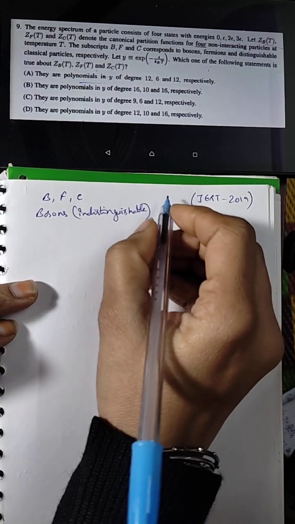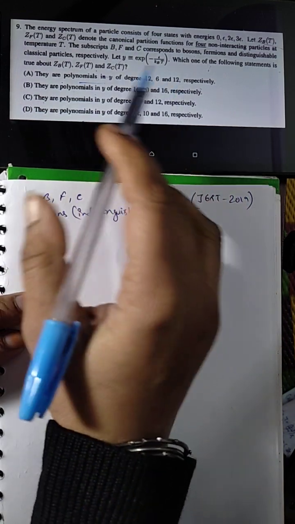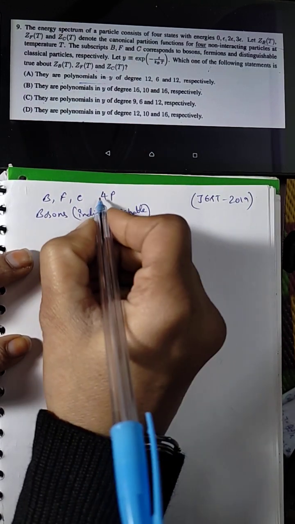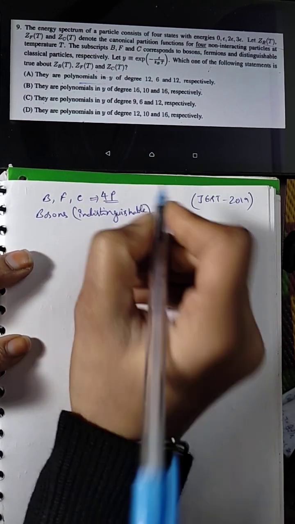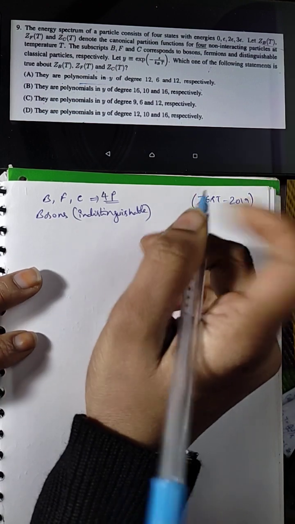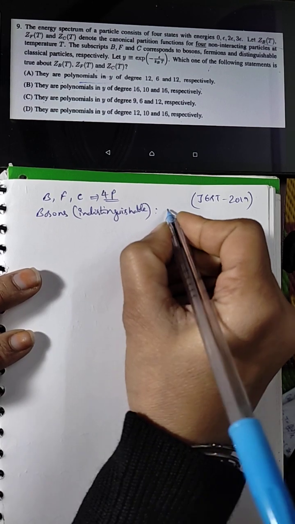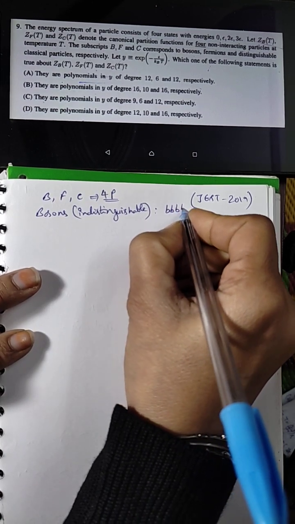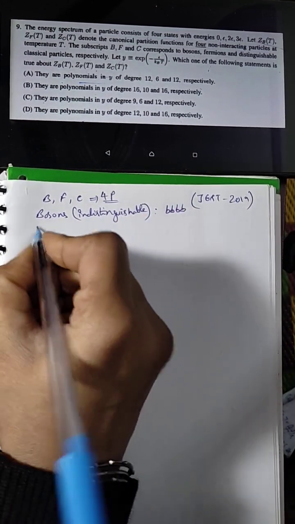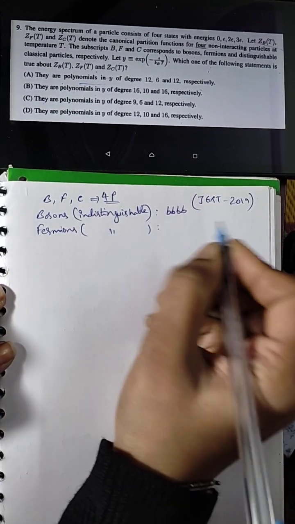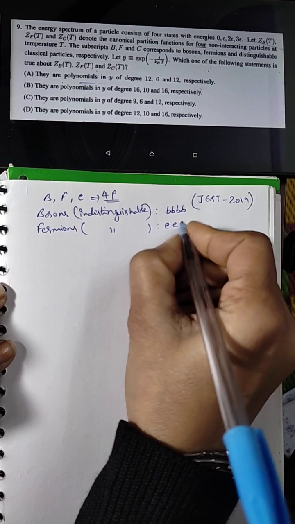So let us consider 4 states now. In 4 states, how many particles are there? Each state has 1 particle. So total 4 states, so total 4 particles. Let us take this as B, bosons. Then fermions. Fermions are also indistinguishable particles, and let us take this as F.